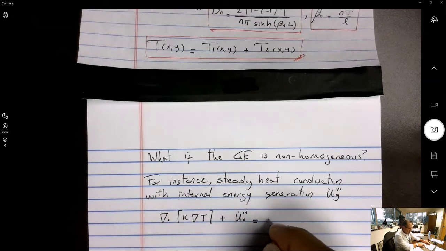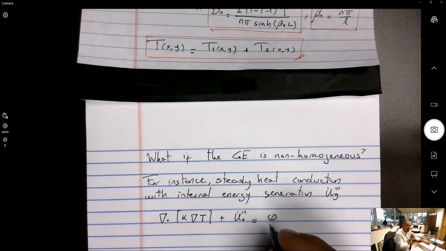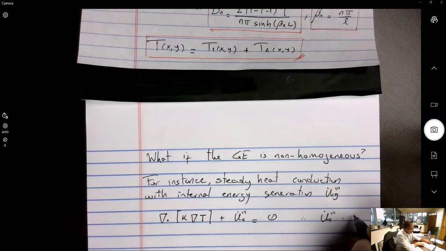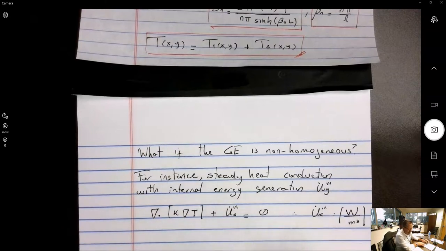This generation would be equal to rho C times the temperature derivative with respect to time, but in this case it's steady state, so this is equal to 0. So where U_G triple prime is energy per unit time, so watts per unit volume, watts per meter cubed, so that's dimensionally consistent.